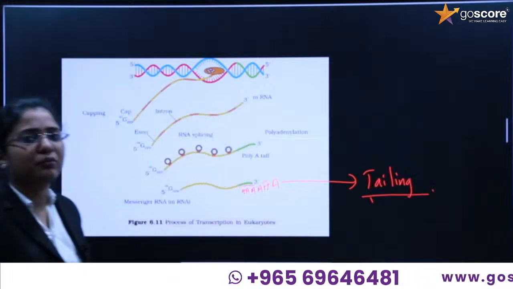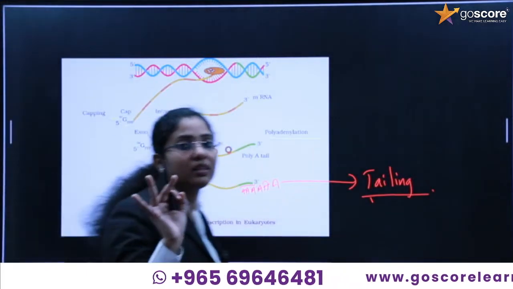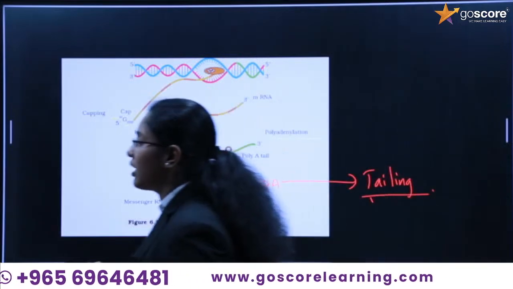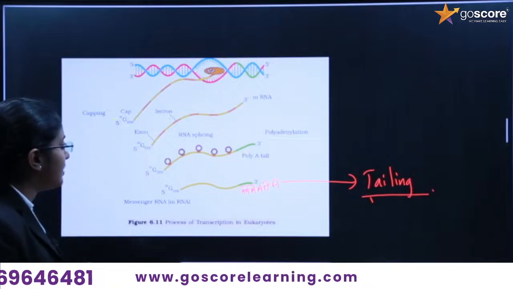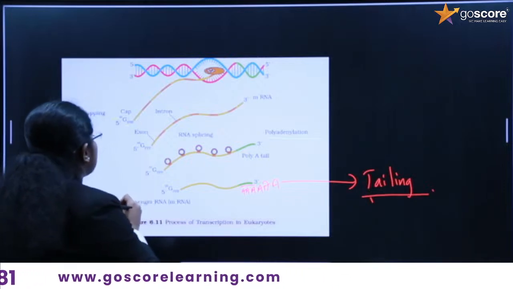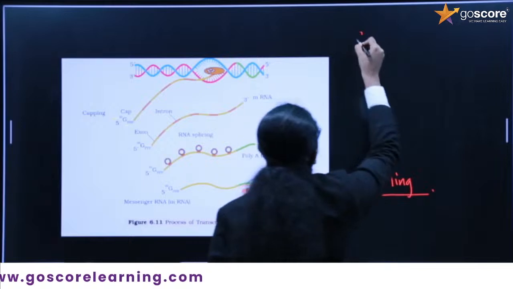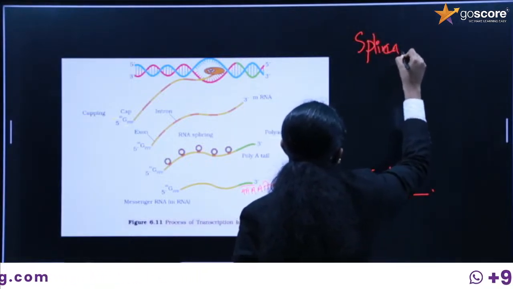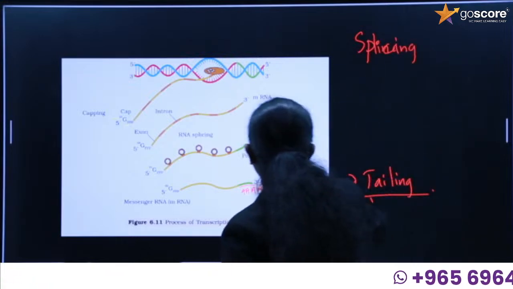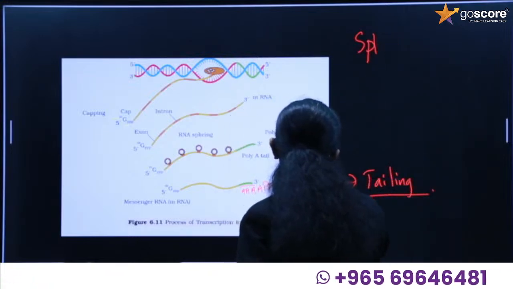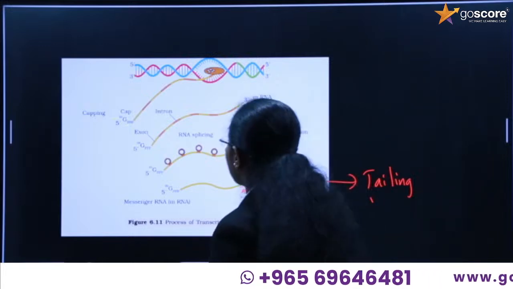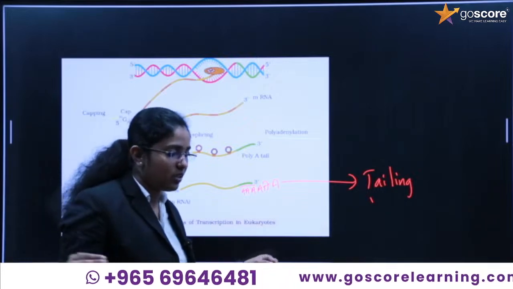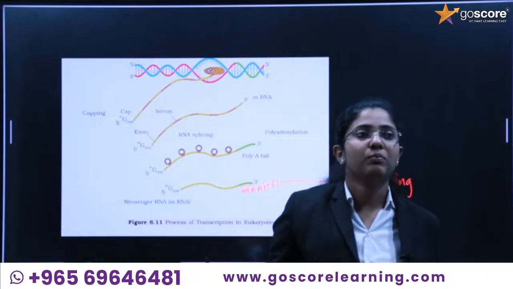Okay, so in the case of transcription in eukaryotes, there are three extra processes taking place. First one is splicing. You have learned about splicing. Splicing is the process of removal of introns to make a complete exon RNA.